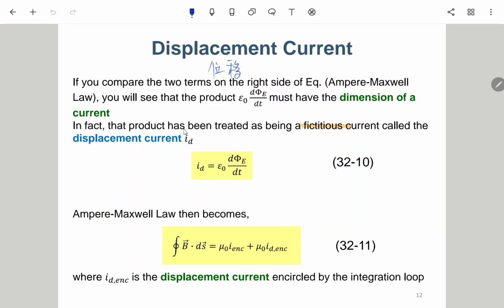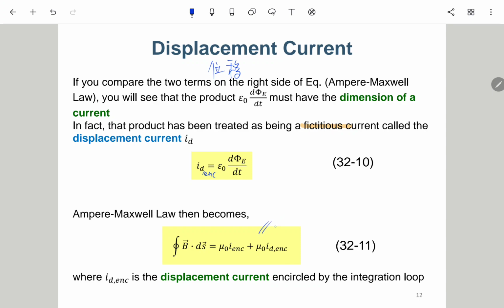So in fact, that product has been treated as being a fictitious current called the displacement current I_D, which is this term. So if you define this one to be I_D, the Ampere-Maxwell law can be written as this one equals mu naught I enclosed plus mu naught I_D enclosed.